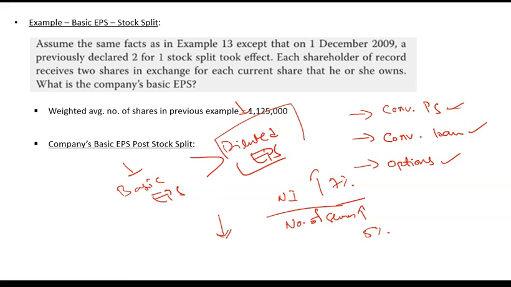So for example, if you are converting preferred shares into common shares, in the numerator, what do you have? You have net income minus preferred share dividend. And in the denominator, you have the number of outstanding shares, right? So when you convert preferred shareholders into common shareholders, there will be two impacts.